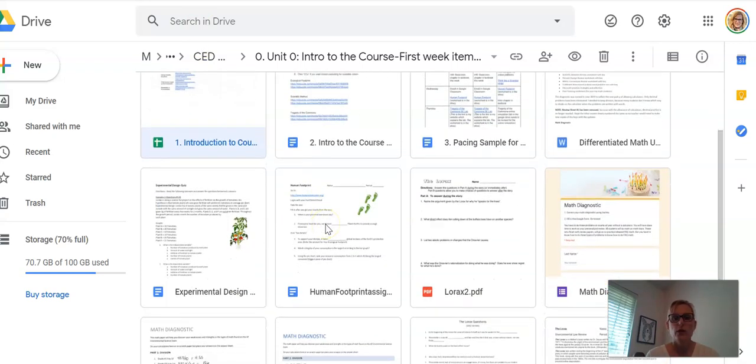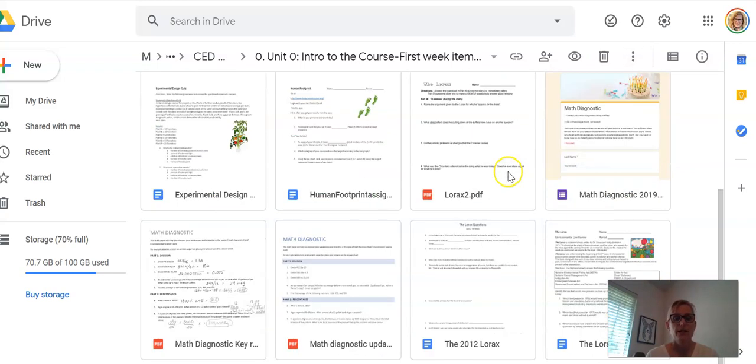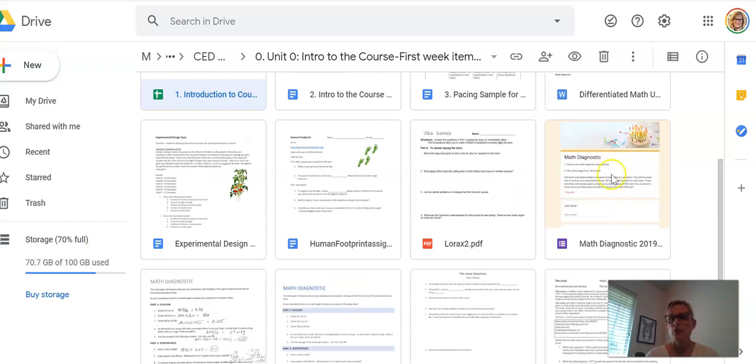So the total packet is here, differentiated math is here, and it explains the system in this file. The diagnostic is here, and the key is here. And then the kids fill in a Google Form, which you have here. Now in Google Forms, you can't actually make a copy.